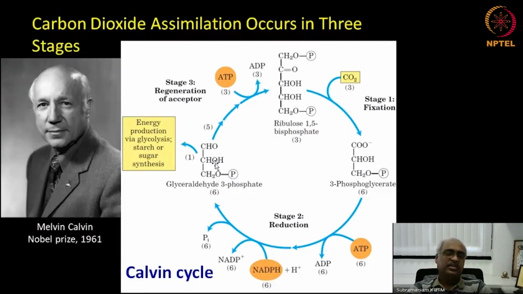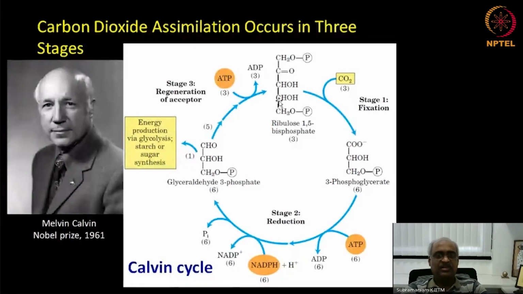Third is regeneration of the ribulose bisphosphate, so that the cycle can continue. And to take care of the stoichiometry, we begin this way. We begin with 3 molecules of this, so 3 times 5, 15 carbons. And we take 3 molecules of carbon dioxide. So 18 carbons end up producing 6 3-carbon phosphoglycerates.